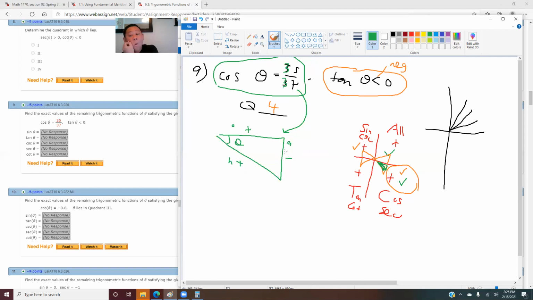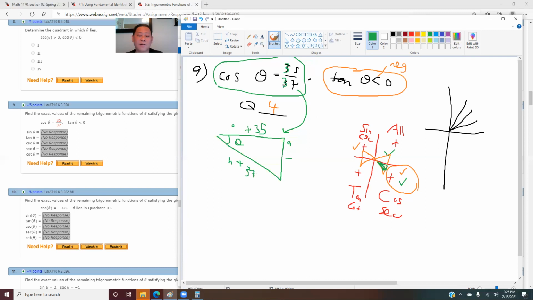Opposite, adjacent, and hypotenuse, right? And the cosine is, trying to remember it now. SOHCAHTOA tells you that cosine is adjacent over hypotenuse, so the adjacent will be 35, and the hypotenuse is 37.